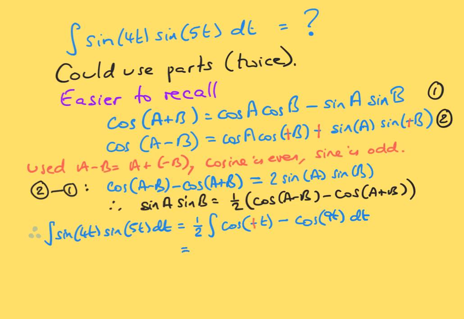So this is going to be 1/2, open brackets, and the function that differentiates to cosine is sine of t. Differentiate sine of t, you get cos of t. And then it's going to be something like the sine of the same argument, 9 times t. And if you differentiate this, you'll get cos of 9t times the derivative of the argument, which is a factor of 9.